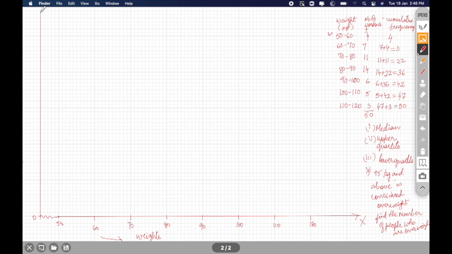In the y-axis, we are going to now plot till 50 workers. So if we start from 0 here, it is up to you what type of scale you need. Now if I need to accommodate 50 workers in the y-axis, I can take 10 squares as 10 units.